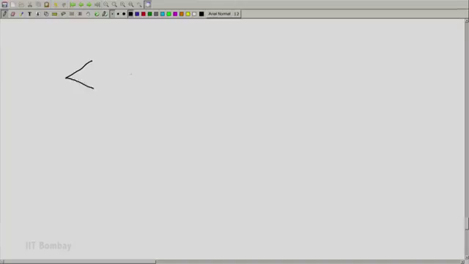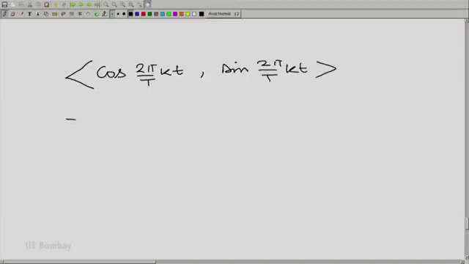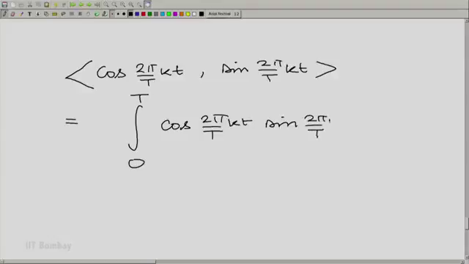So, let me do that. Let me take the dot product, cos 2 pi by t k t and sin 2 pi by t k t. Dot product is very easy to calculate, it is integral 0 to t cos 2 pi by t k t times sin 2 pi by t k t dt.